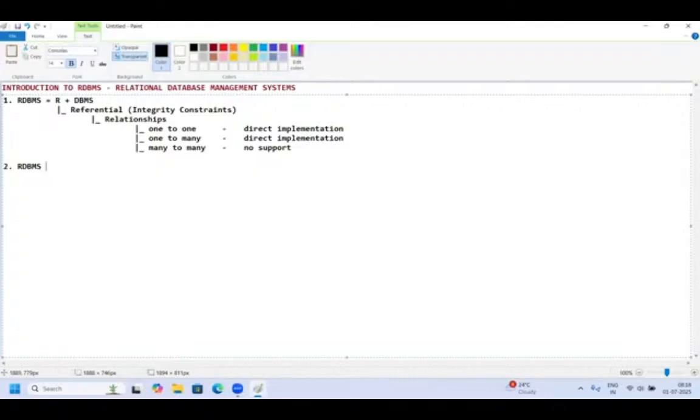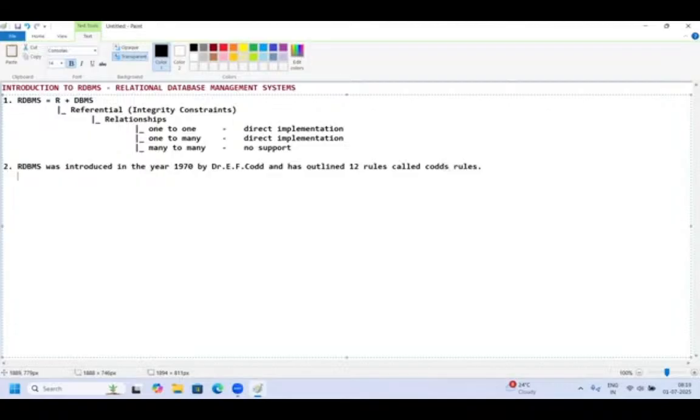And the second thing I would say, RDBMS was introduced in the year 1970 by Dr. Codd, and he outlined 12 rules called Codd's rules.